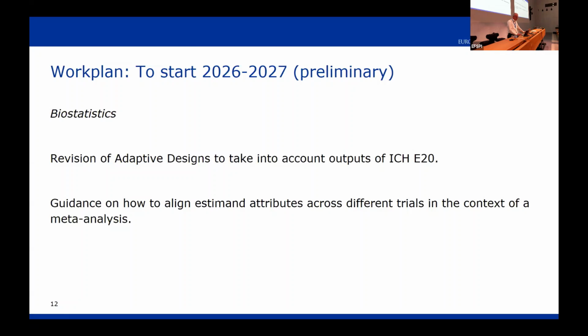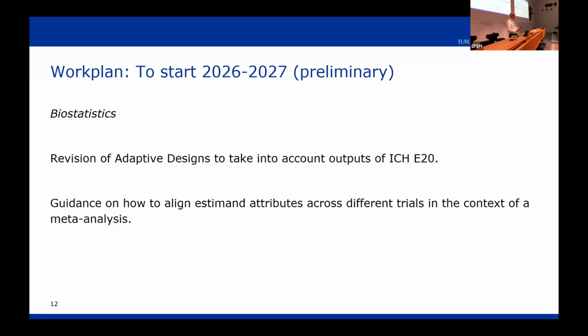Also, more biostatistics. Yeah, we need to take into account the RCHE 20. This is anticipating when we are ready for that. So, of course, we will adapt to RCHE 20. And one of the problems that was also suggested in the stakeholder workshop is guidance on aligning estimand attributes across different trials in the context of a meta-analysis. I think we need to do it. I don't think this is an easy problem.